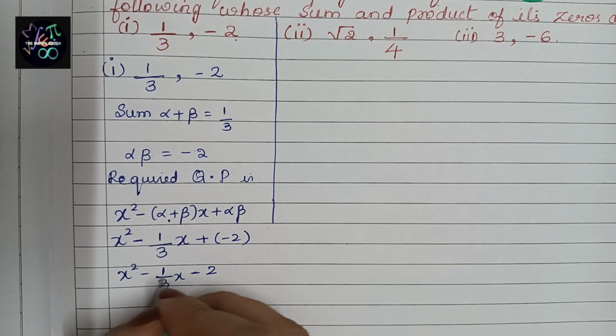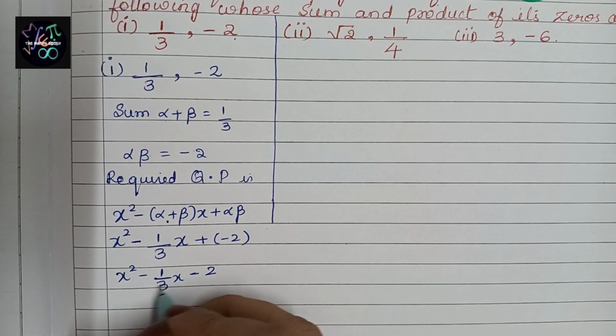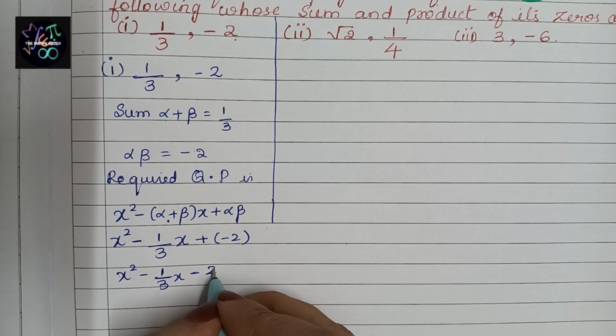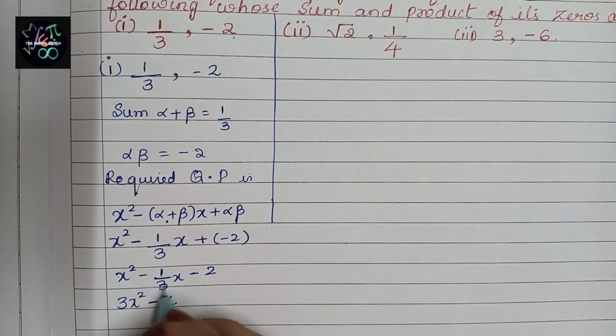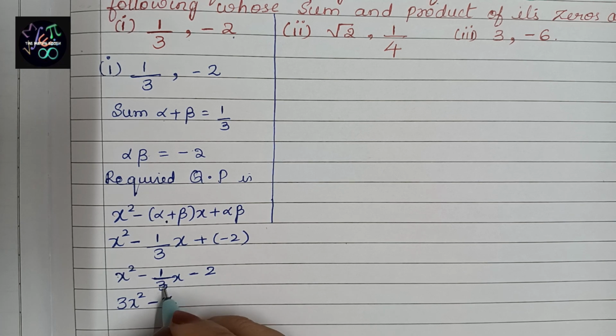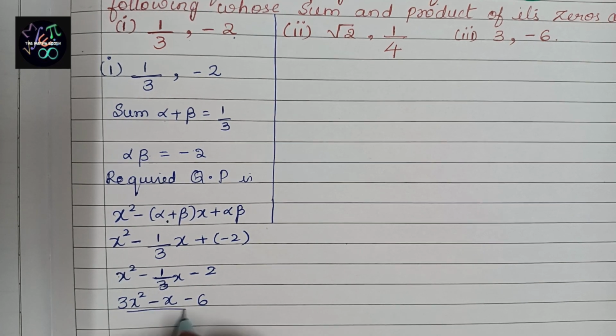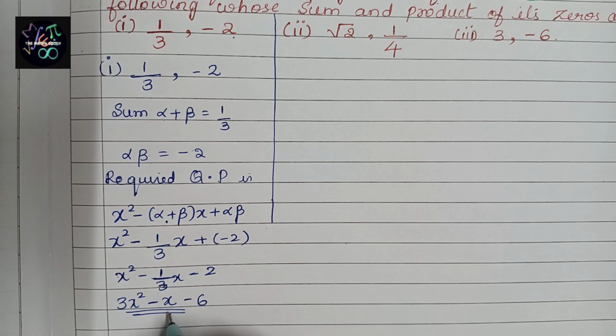Now we can see it is in fraction form, so to remove the fraction we should multiply by 3 into this also and to this also. 3 into x square is 3x square minus x, because here it is already there so we should not multiply again, and 3 twos are 6. This is our standard quadratic polynomial.